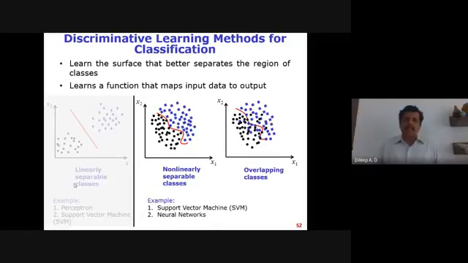It is very complex, with huge overlapping, and most of the examples overlap with each other, and the region of separation between them is a highly complex non-linear surface. That is the real scenario. Now you are going to see how the support vector machine addresses that situation, and with that we can wind up this session.